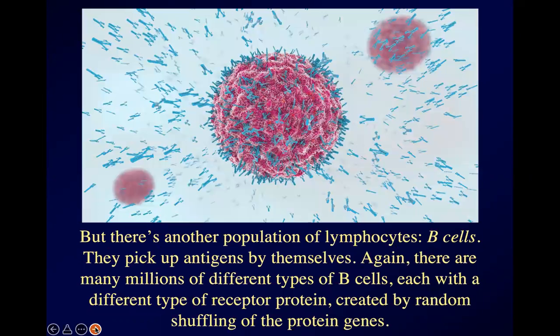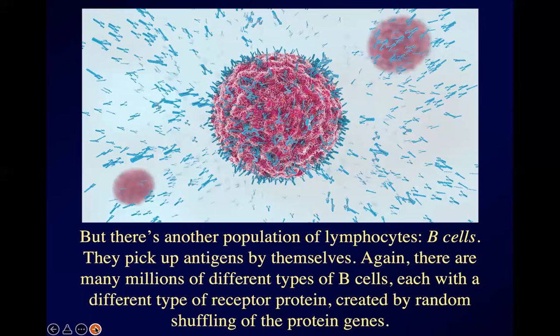Okay, but there's another population of lymphocytes called B cells. The helper T cells are kind of cheerleaders for the whole process. The cytotoxic T cells will go after viruses and go after cancer cells.